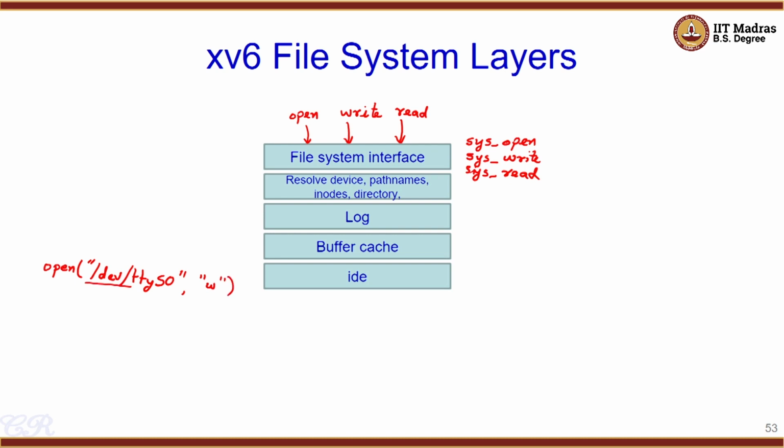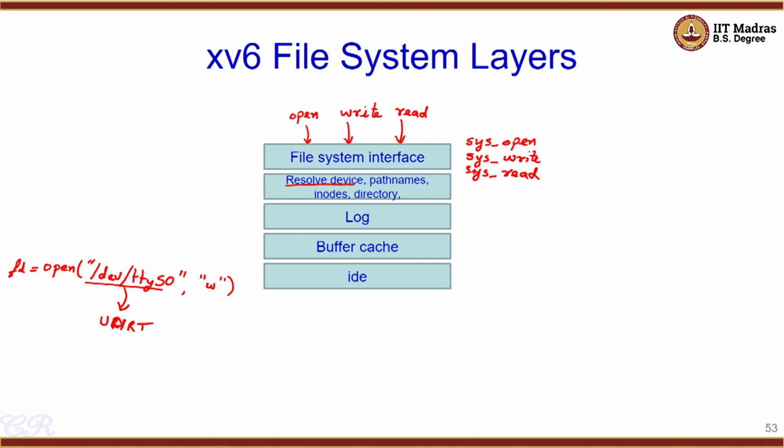This would open the serial port, the UART serial port, and any reads or writes to this particular file descriptor would be directed to the serial port instead of the hard disk. Similarly, as we have seen when we spoke about the inter-process communication, we could use the same kind of open system call for pipes or to open sockets and things like that. Now, all of this is resolved in the second layer.